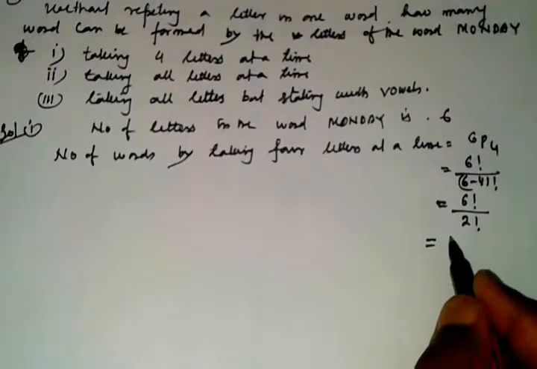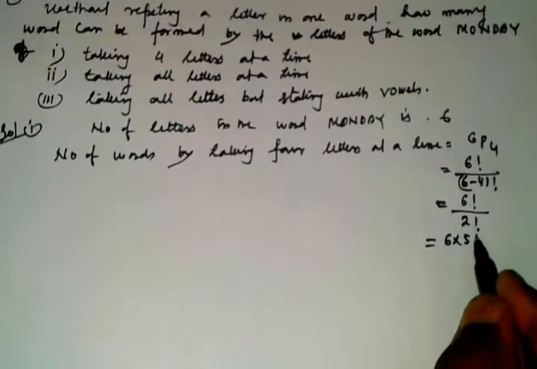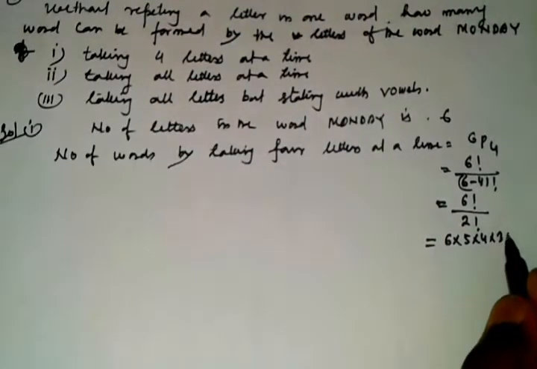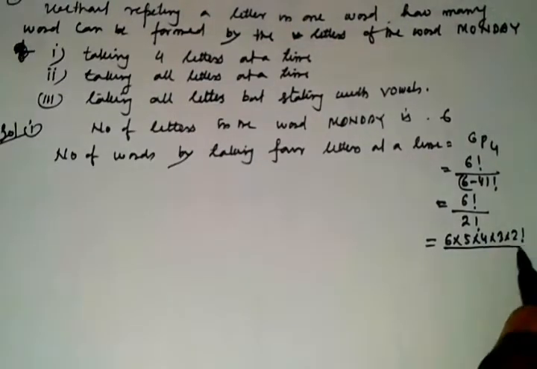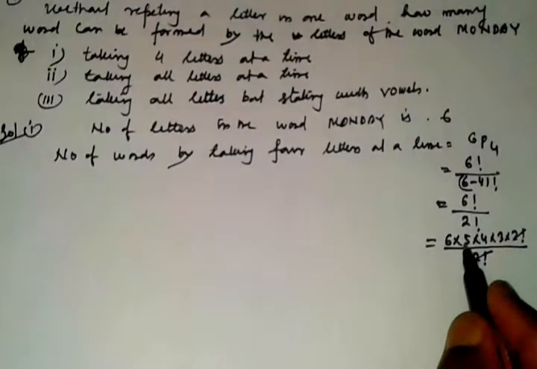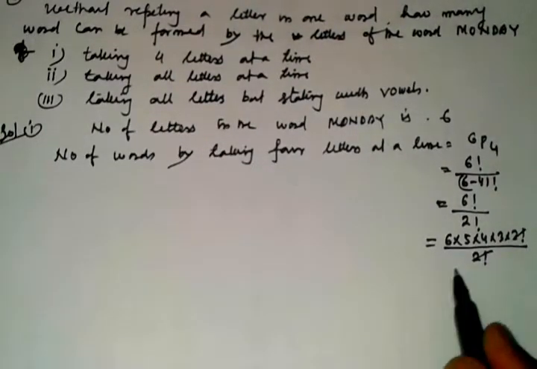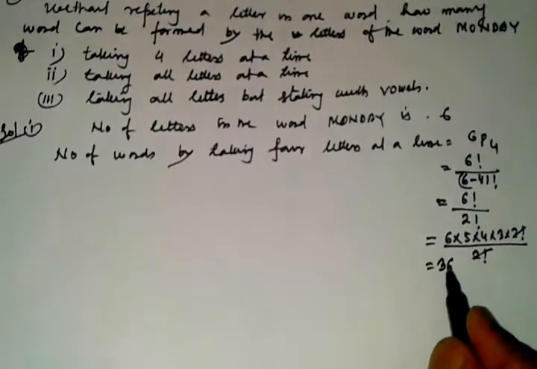You can easily find the value: 6 into 5 into 4 into 3 into factorial 2 by factorial 2. We can cancel factorial 2. That is 30, now that is 360.